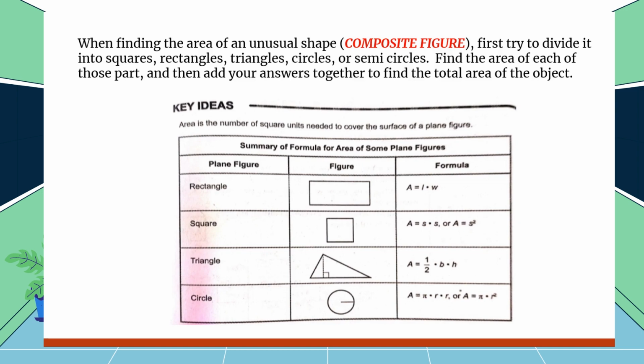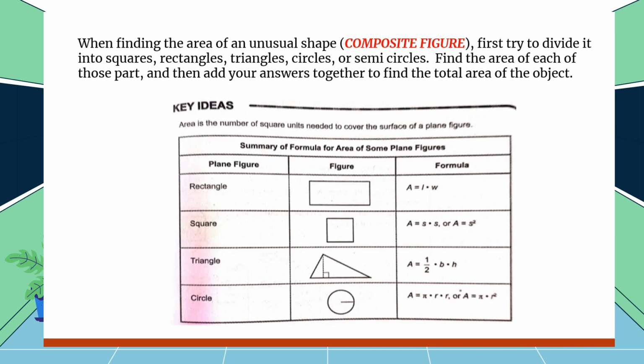Again, when we speak of an area, it is the number of square units needed to cover the surface of a plane figure. In this figure, dito sa drawing na to, mapapansin nyo, meron tayong different formulas in getting the area of some plane figures like rectangle. Malinaw that the area of a rectangle is length times width, while the area of a square is S times S, which is side times side, or yung tinatawag nating S squared.